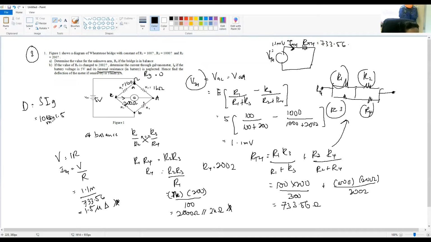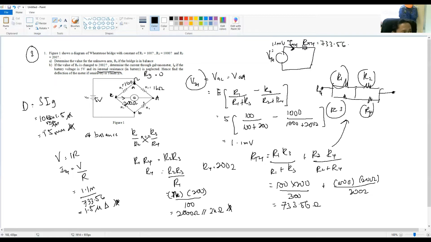This is mm per micro, so the units cancel out and the answer will be 5 millimeter. This is the deflection of the meter. So this is question number 2.